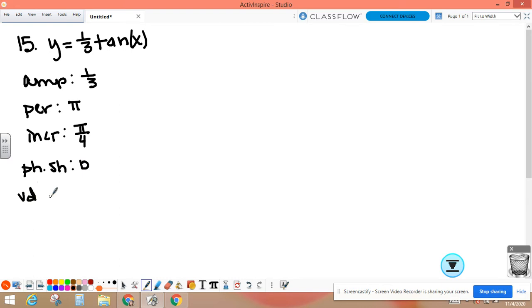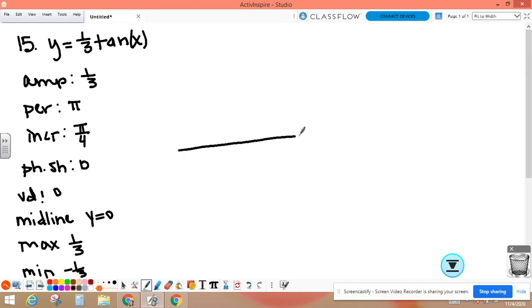So your vertical displacement is also 0, meaning that your midline, oh my goodness. I have to write slow and deliberate, sorry. All right, your midline is y equals 0. So your max, if we had a max, would be 0 plus 1/3. Your min would be 0 minus 1/3. So you had all of that right. The only thing you had wrong was the phase shift.